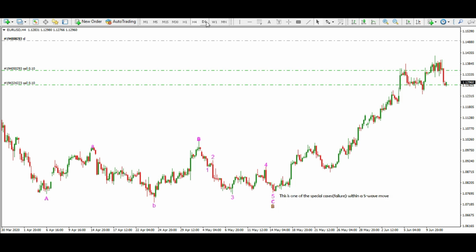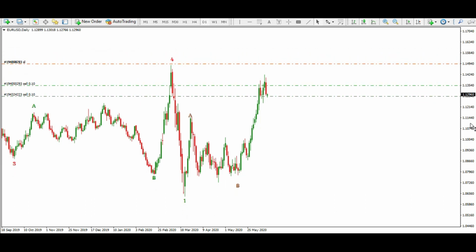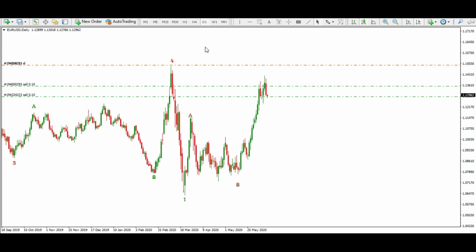Now that we have labeled wave A and B brown, let's draw our Fibonacci retracement zones one final time on this pair to see if wave 2 green has come to an end.